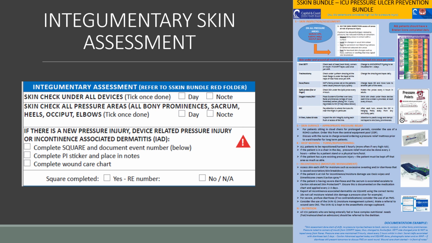So we do a skin check under all of their devices in the day and the night, so once a shift. We also check all pressure areas, all bony prominences, sacrum, heels, occiput and elbows in the day and the night.